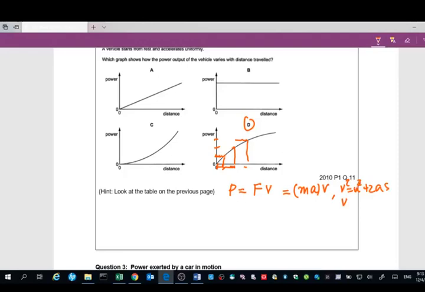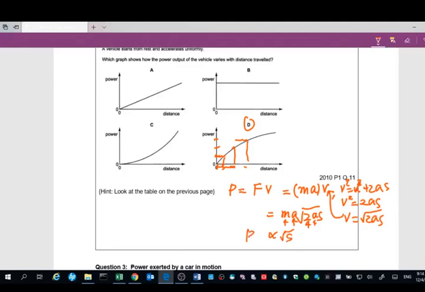So V is the square root of 2AS, and I put this inside here, and that gives me ma times the square root of 2as. Now mass is a constant, acceleration is a constant, 2 is a constant. So all the symbols in front of s are constants. It's like some constant multiplied by the square root of s. So the power is proportional to the square root of s.